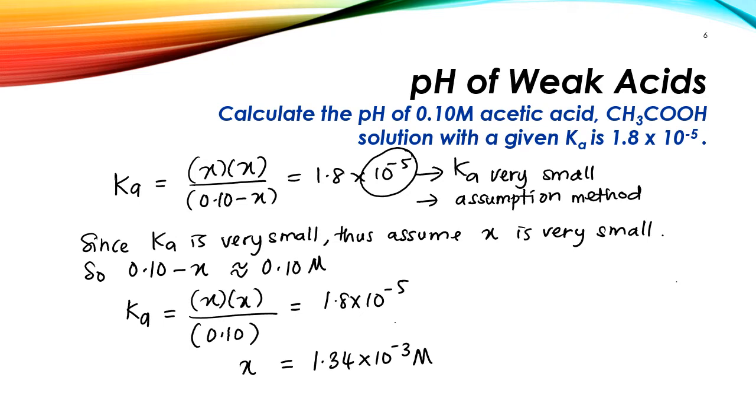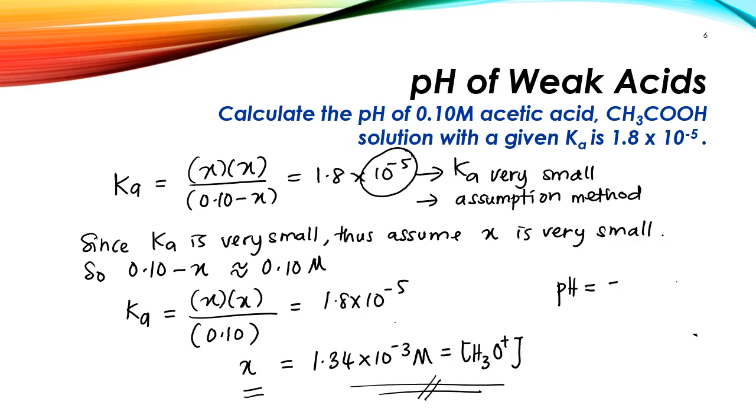From the ICE table, the value of X at equilibrium is equivalent to the concentration of H3O plus. So now we have the concentration of H3O plus. To determine the pH, we need the concentration of H plus or H3O plus. So now we can use the concentration to determine the pH of the solution.